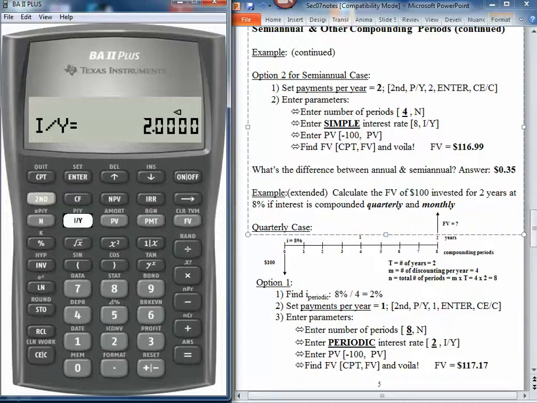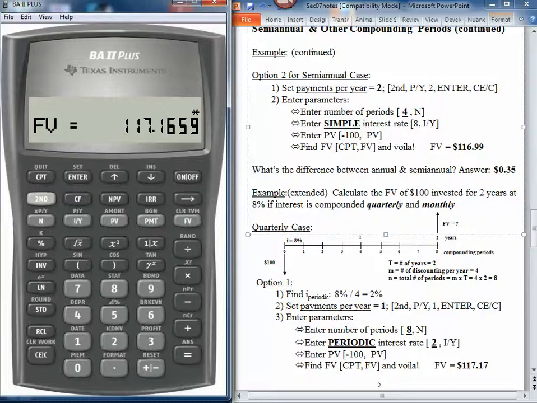So 2% is entered in as the interest rate, and we put in the same $100 investment and calculate the future value. We can see now with quarterly, we've gone from semi-annually to quarterly, and the change in doubling the number of compounding periods is 17 cents.